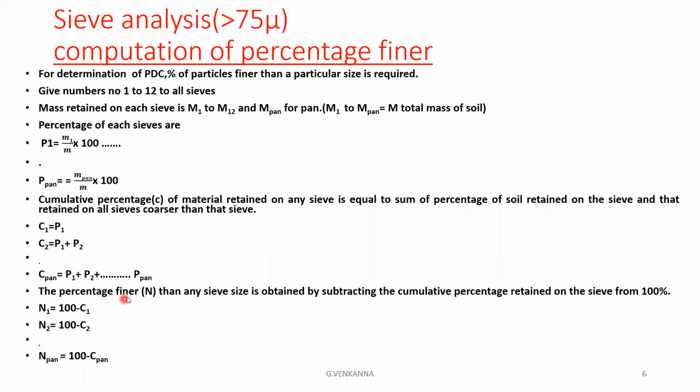For example, if the size is 40 mm and we take C2, that is the percentage finer than that size. The remaining particles are the 20 mm, 10 mm, 8 mm and so on, so the remaining soil is 80% or 90%. In this way we can calculate the percentage finer.